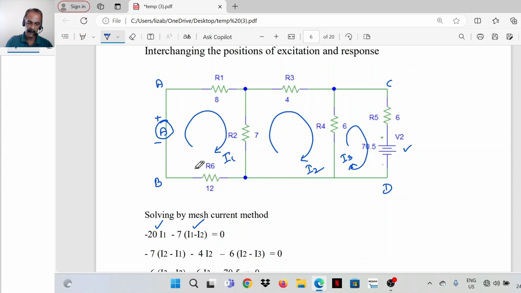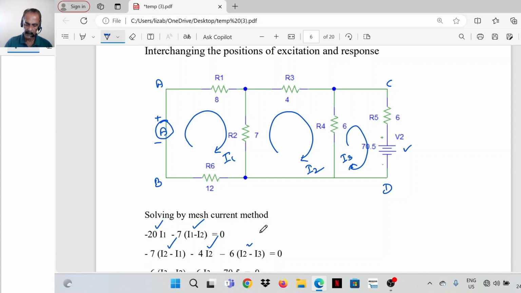The clockwise direction is the direction of the loop or the mesh. So the resistance R6 is 12, this is 8. So minus I1 into (12 plus 8), minus I1 into 20, then minus (I1 minus I2) into 7 is equal to 0. For the second mesh, minus 7 into (I2 minus I1), minus 4 I2, and for this minus (I2 minus I3) into 6.